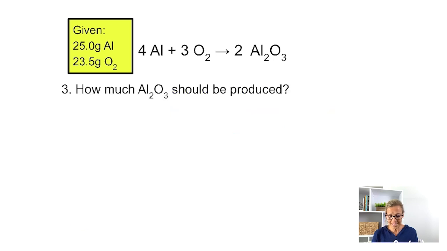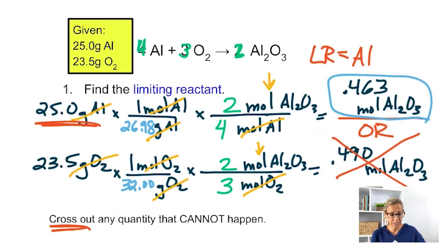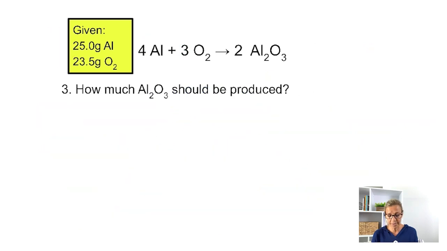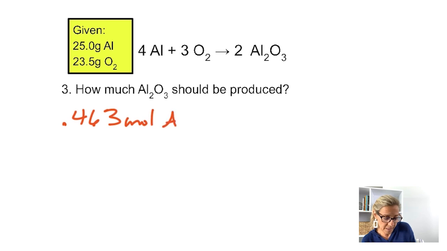And then one last thing let's do on this problem is how much aluminum oxide will we get? Well, we've already found, way back here, we found moles right here. We found 0.463 moles is all we can make because the aluminum will run out. So let's start with that. 0.463 moles of aluminum oxide. And then let's just use molar mass to get to grams.